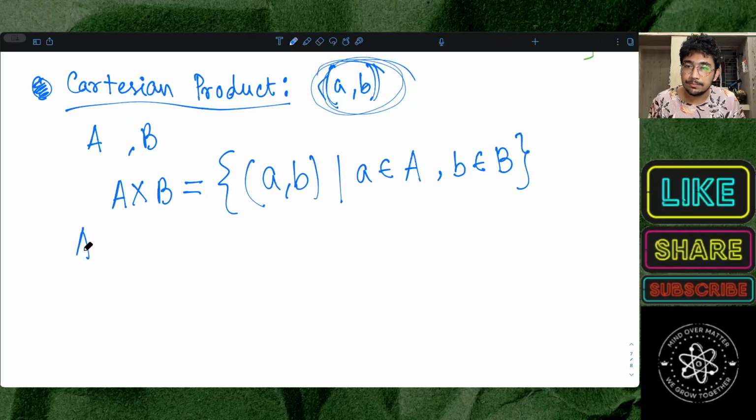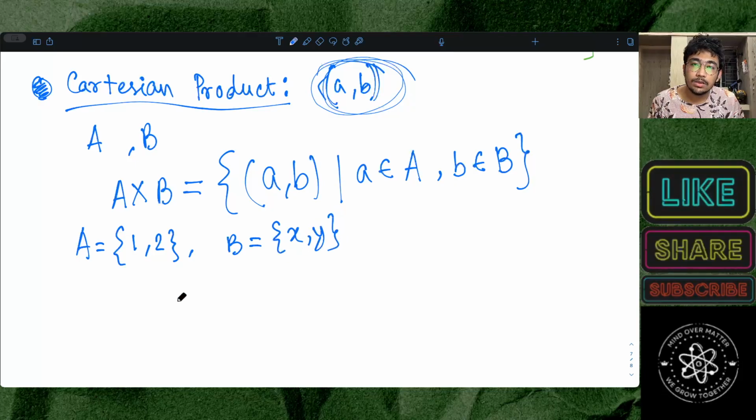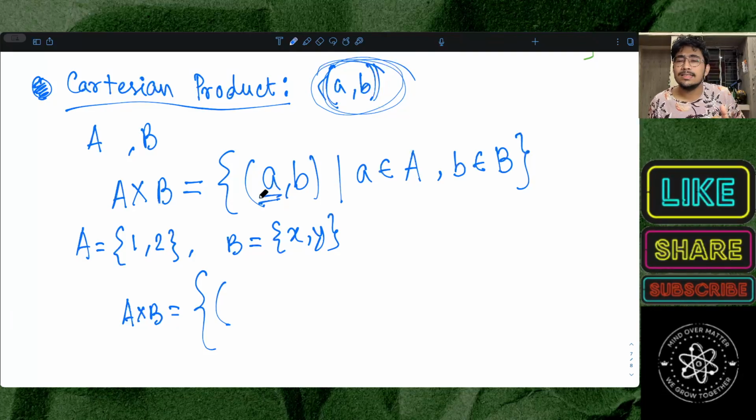Let me give you an example. Suppose we have A is {1, 2}, and B is {x, y}. So A cross B will be all the elements, or you can say these are the tuples. You don't have to worry about the word tuple.